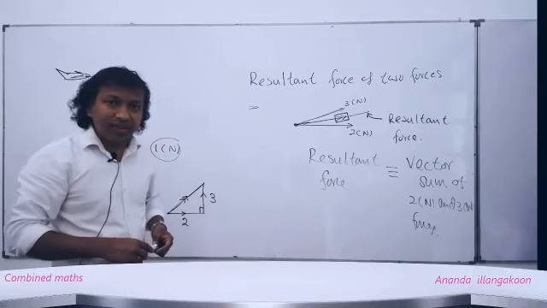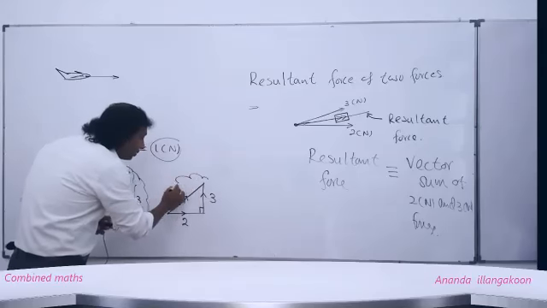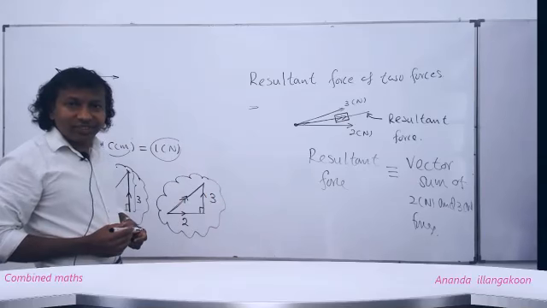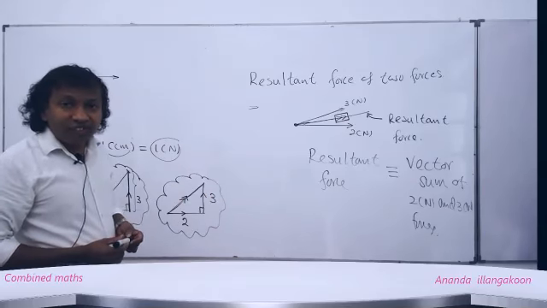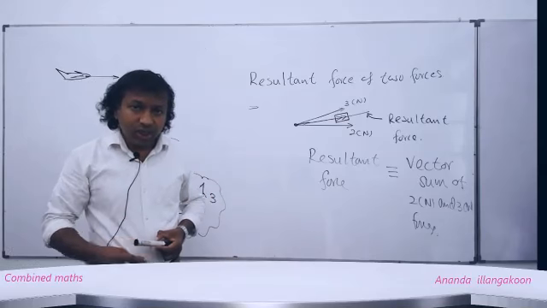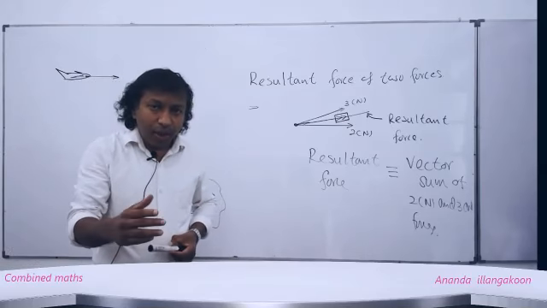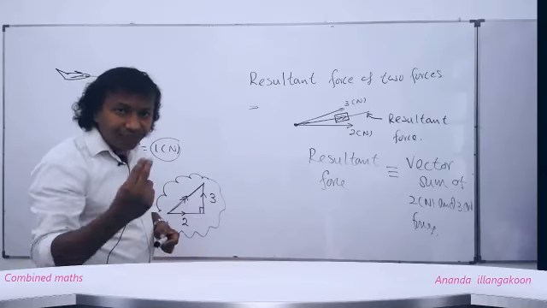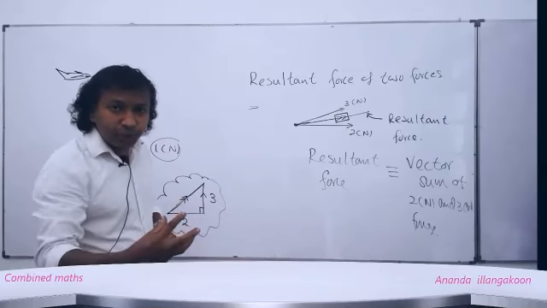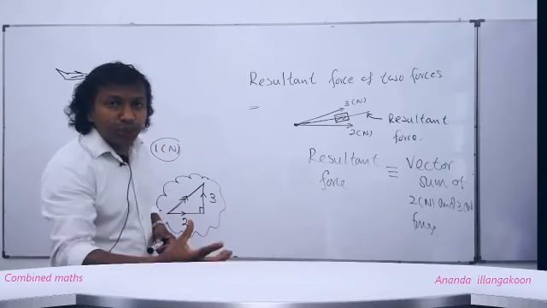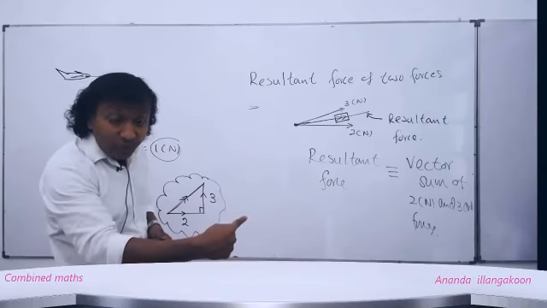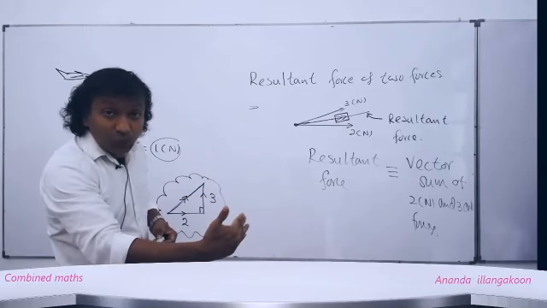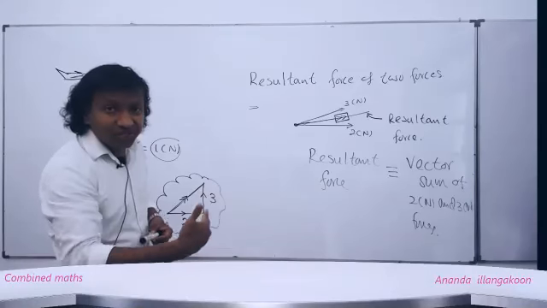Then people, convert these thoughts to your own words. What is that? If we represent these two forces by the adjacent sides of a triangle in magnitude and direction, what is meant by in magnitude and direction? The length of the sides of the triangle gives the sizes of the forces.